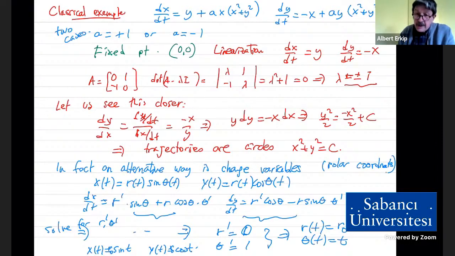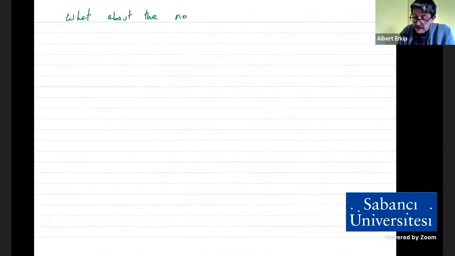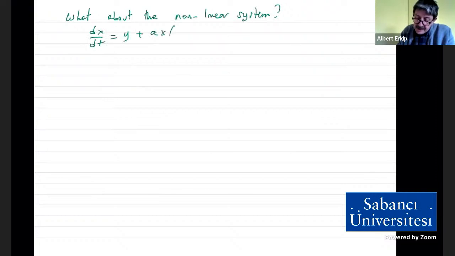Now, what about the nonlinear system? What was the nonlinear system? dx dt equals y plus a times x times x squared plus y squared, and dy dt was minus x plus a times y times x squared plus y squared.